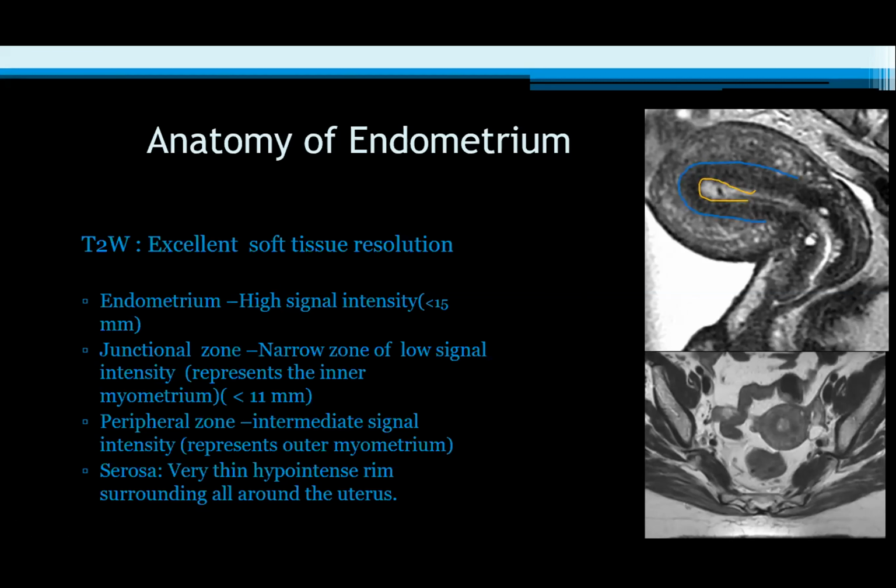The peripheral zone surrounds the junctional zone and represents the outer myometrium. The whole of the uterus is surrounded by a very thin hypointense rim, which represents the serosa of the uterus.